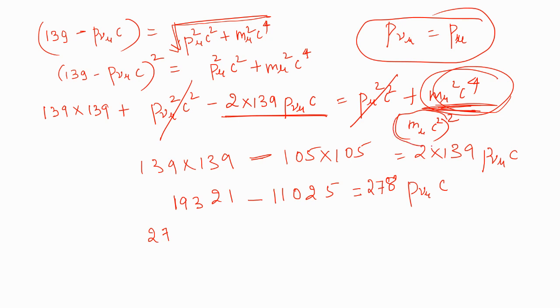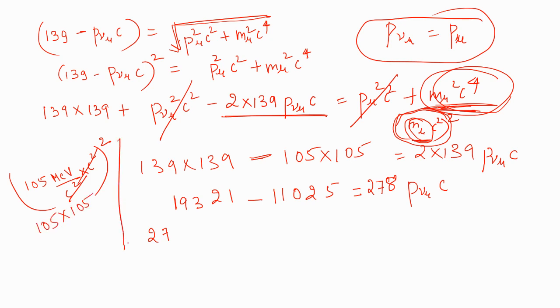And what is this value? This value is the rest mass. So when you put your rest mass value 105, you need to see the unit also. Okay, the c square cancels. What are we left with? 105 into 105. Got it? Okay. See, if I'm making any calculation mistake, tell me.